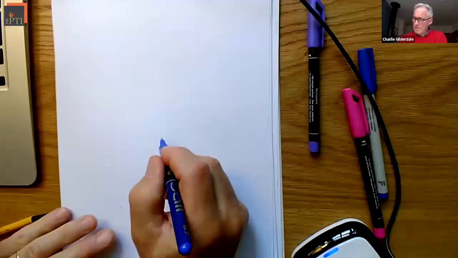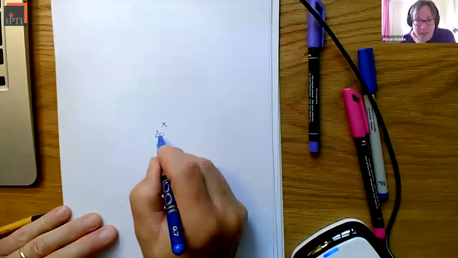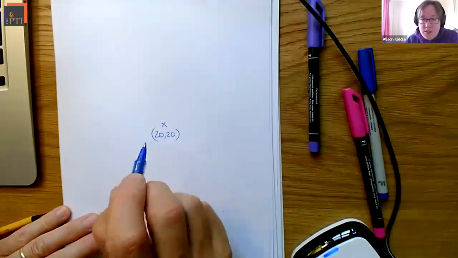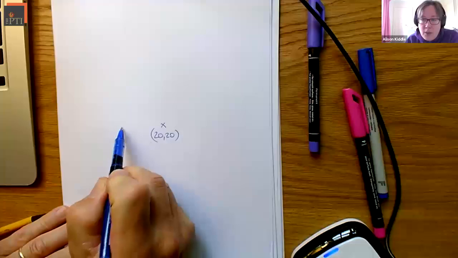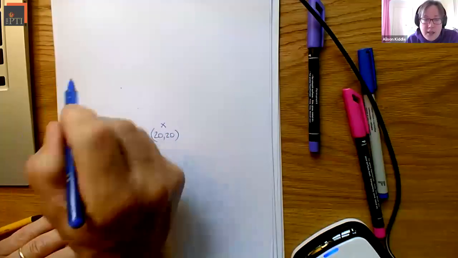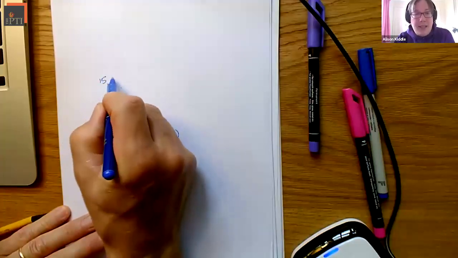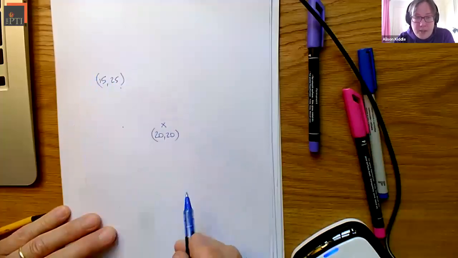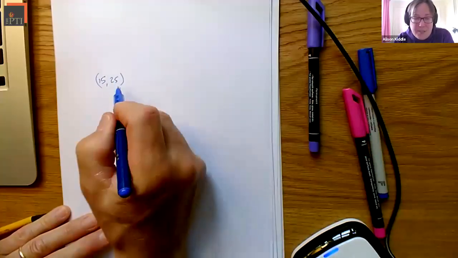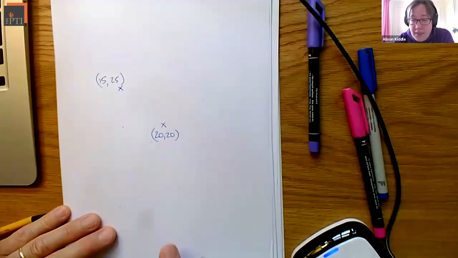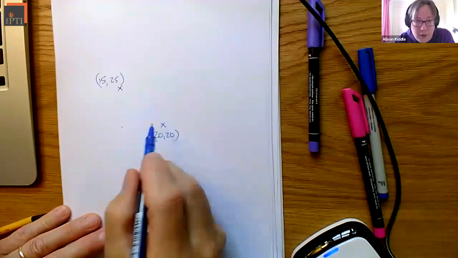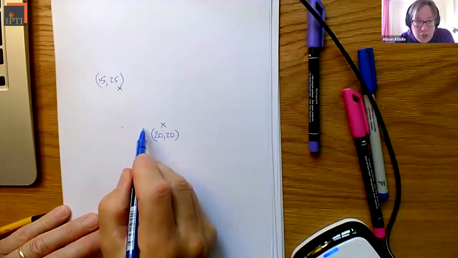I'm not sure I've written large enough. So there's our 2020. So 1525, I know I need to go back 5 and up 5 for that. It doesn't matter if these aren't exact. This is about helping students to be able to sketch things. And then I've got the point 18, 23. So I've gone back by 2 and then up by 3.